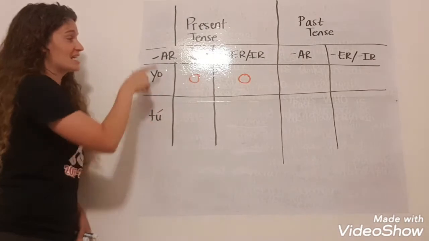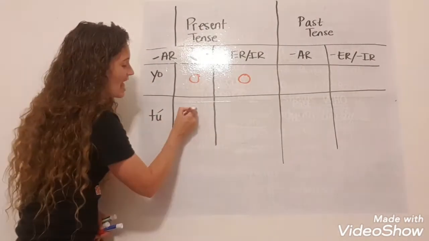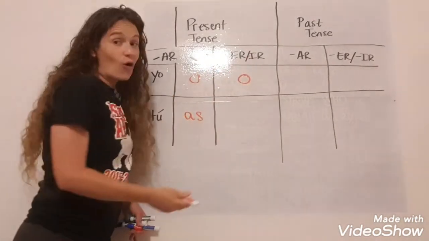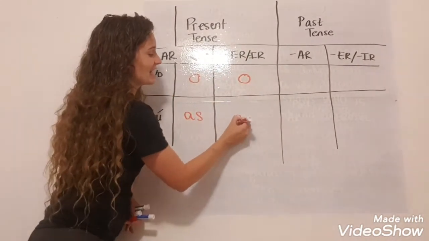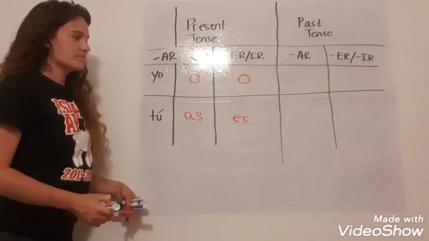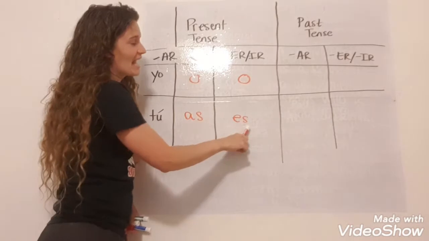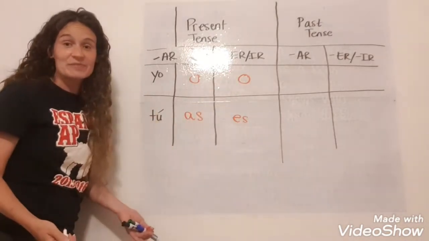The tú ending for AR verbs is AS, and the tú ending for ER or IR verbs is ES. You can remember that because AS goes with the AR verbs, and ES goes with the ER and IR verbs.